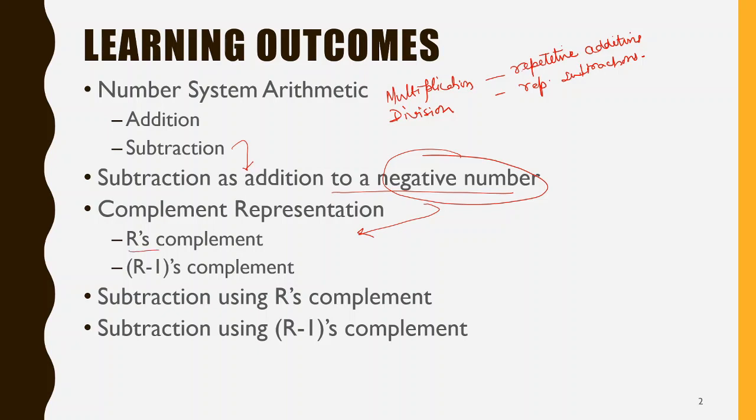The first method is r's complement and another method is r minus 1's complement. Then we will do subtraction using r's complement, then using r minus 1's complement. This is how this lecture will go, and after that you will be able to do various arithmetics on the number system.